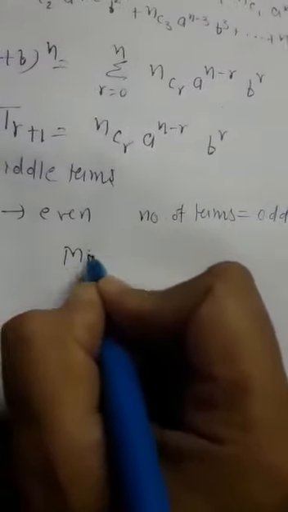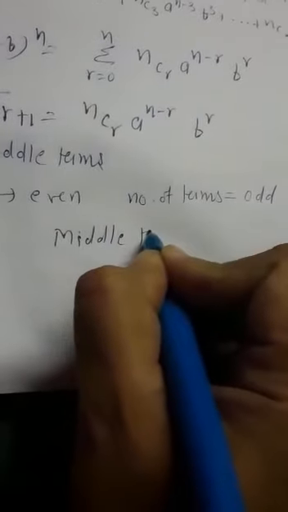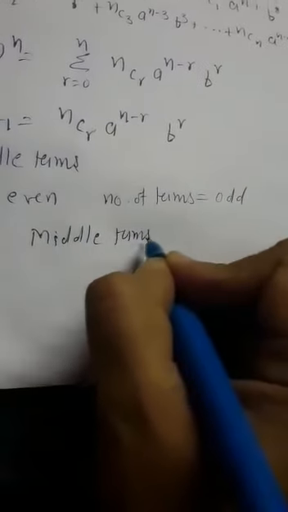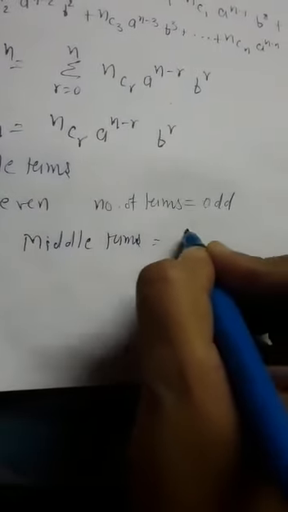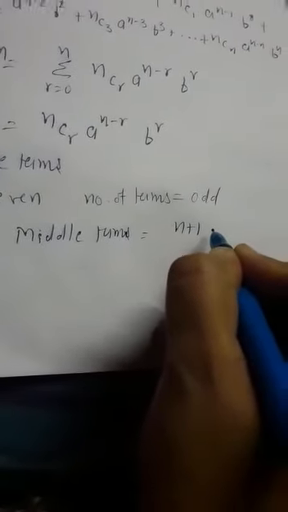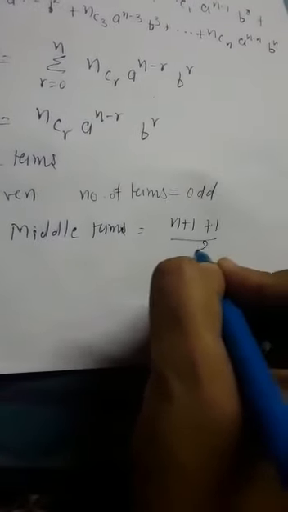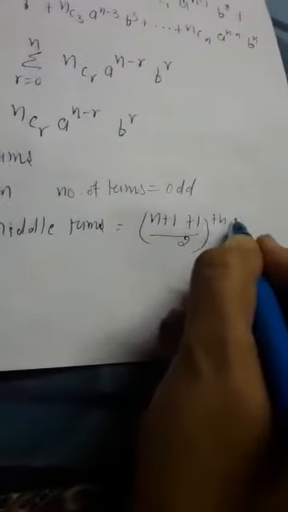So in that case, the middle term should be the n plus 1 by 2 plus 1th term.